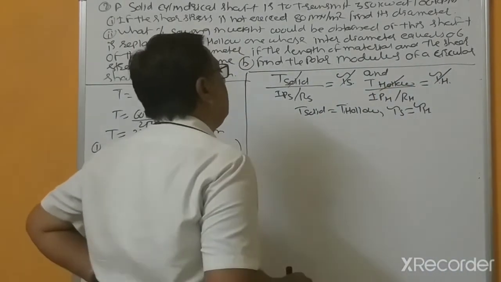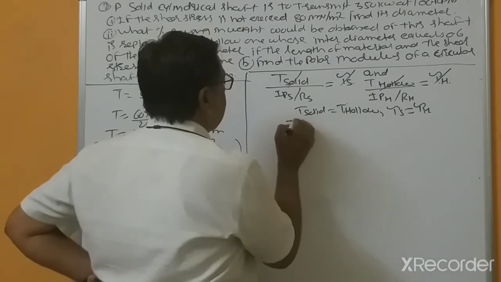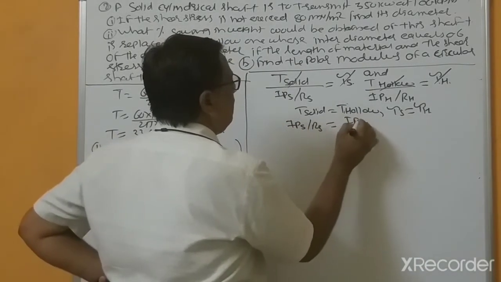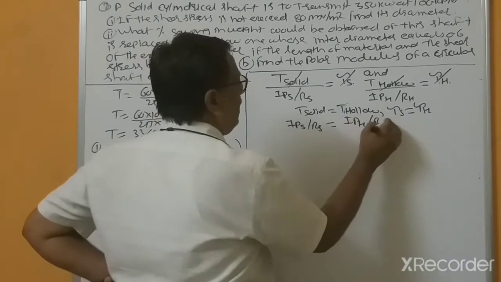Now what is remaining? IPS divided by RS equals IPH divided by RH.